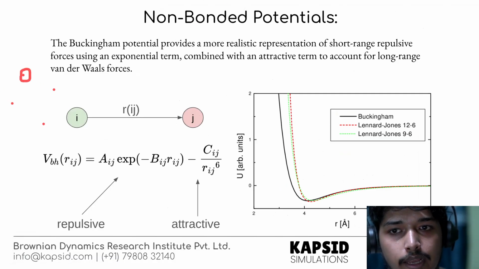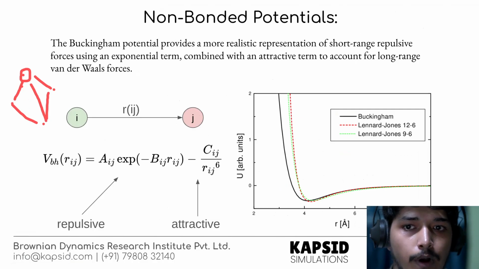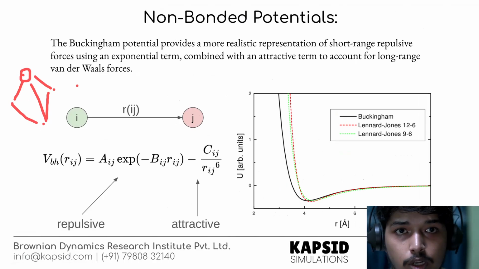We will take this as a center and we will compute distances between them. So for four atoms, there are combinations, about three, and then you are also forgetting this, and you're also forgetting that. So for four atoms, it comes to about one, two, three, four, five interactions you need to compute, right? If you take this to, let's say, 100,000 atoms, you can do the math for yourself.